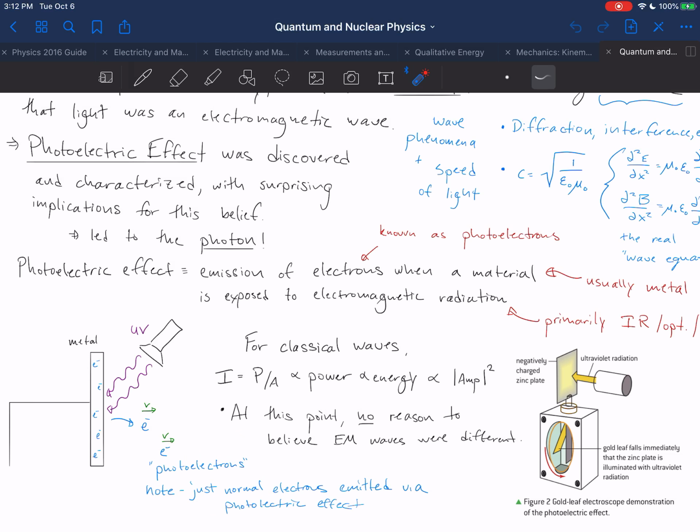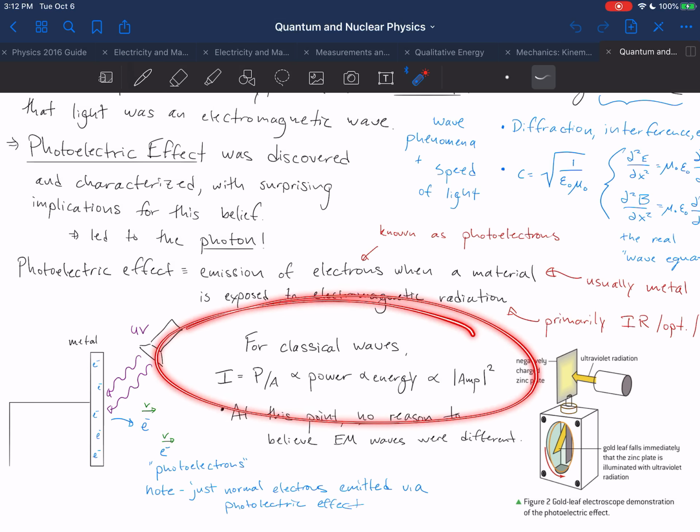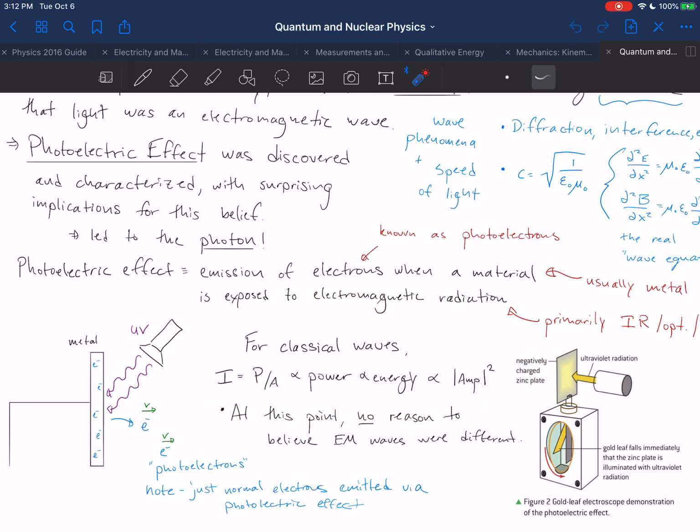It's important to recognize that for classical waves, you would expect the intensity to be proportional to the amplitude of that electromagnetic wave. And at this point, we would have no reason to believe that electromagnetic waves were any different. So we're going to study what actually happened, using a careful experiment on the electrons: what was their energy and what were their properties?